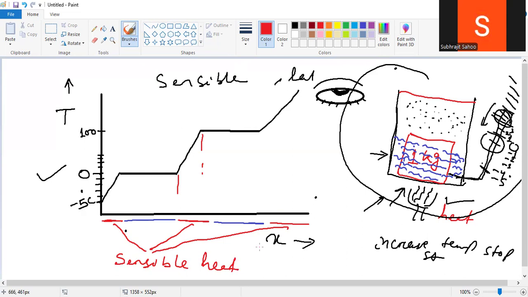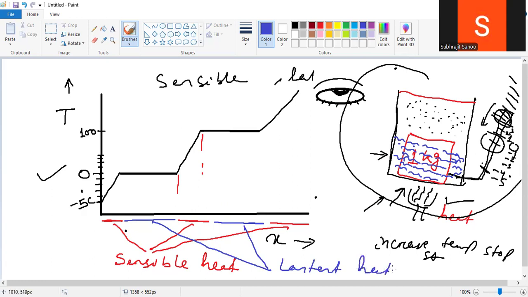Once heat changes, temperature also changes. Heat increases, temperature increases. Heat decreases, temperature decreases. That's why it is sensible heat. But those blue lines, this line and this line, are called latent heat.